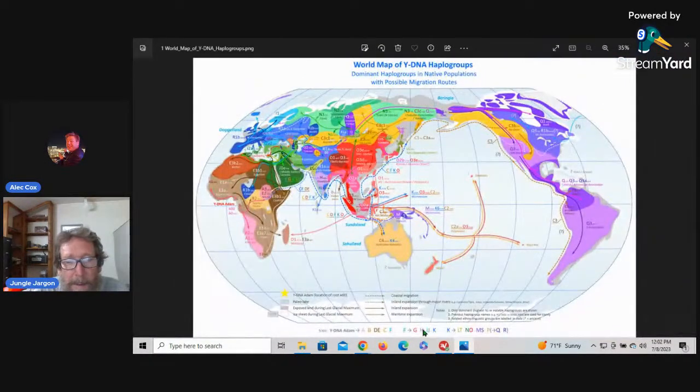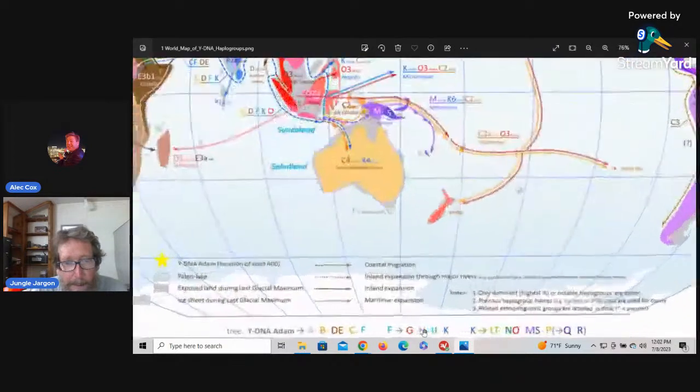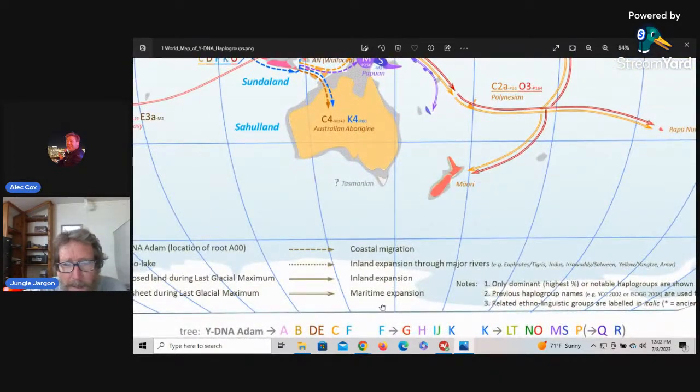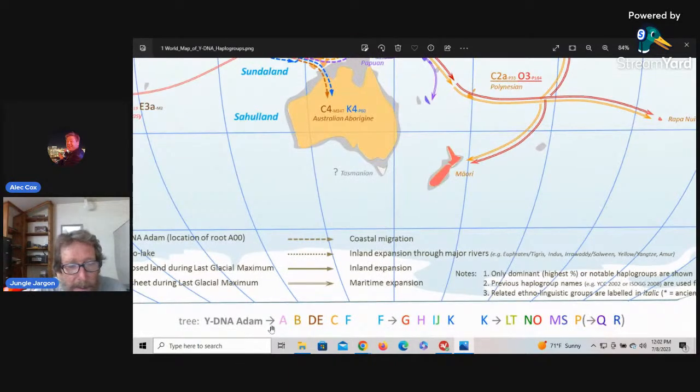At the bottom, it's interesting because they have them all separated. You've got A, B, C, D, E, F, G, H, I, J, K, L, M, N, O, P, Q, R, S, and T.